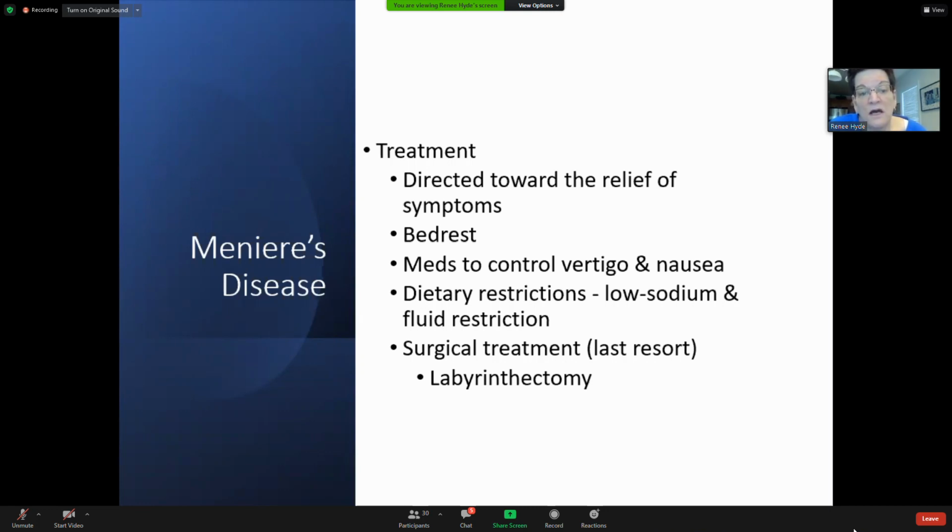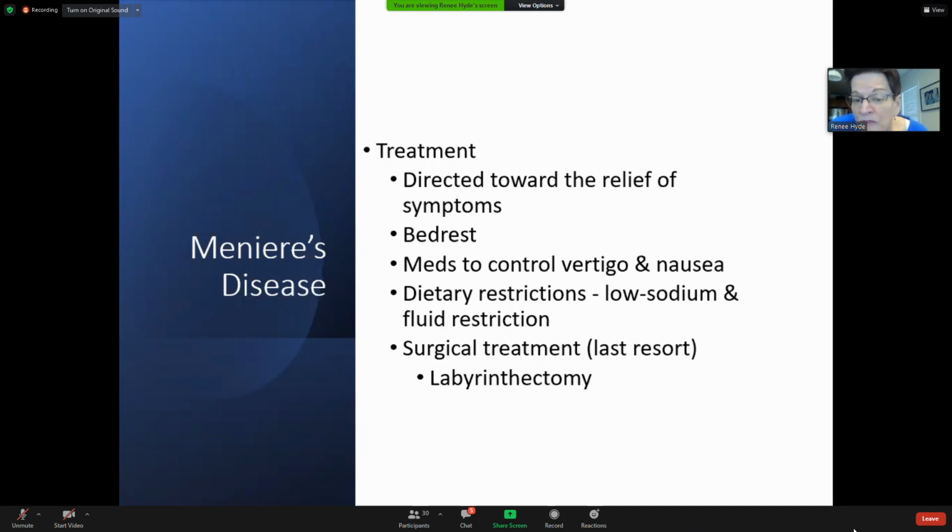But typically what we do with these patients, low sodium diet, fluid restriction, some patients are placed on a diuretic, a low milligram diuretic to try to keep that fullness out of their ear.